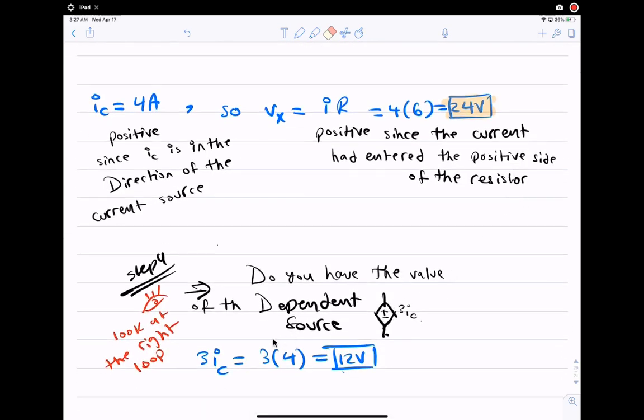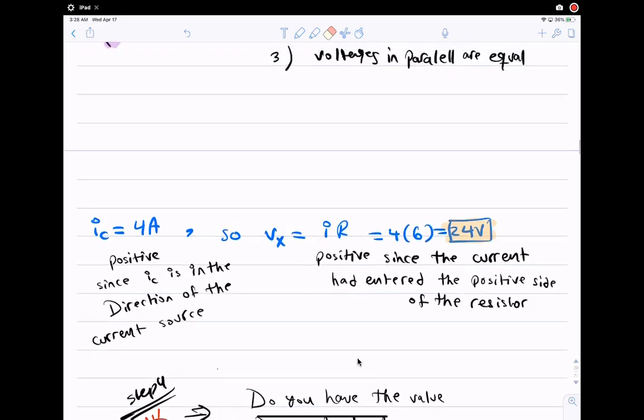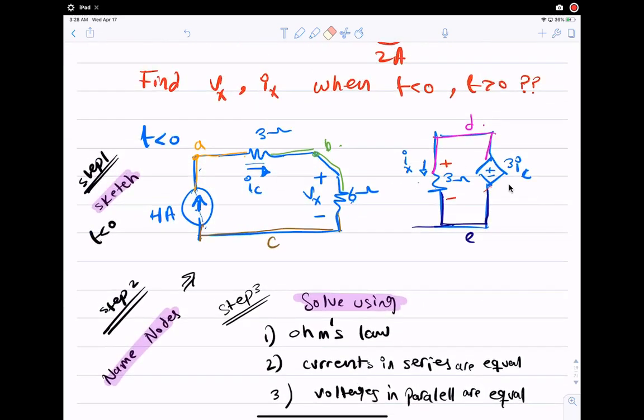So this dependent source, I said in step 4 I'm going to look to the right loop and I will use the current IC to find the value of the dependent source. The value of the dependent source is 12 volt. Since I have a node D and here E, the voltage here is called DE and the voltage here DE, right?